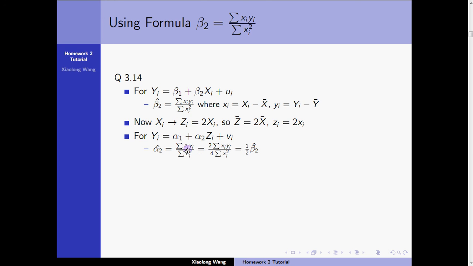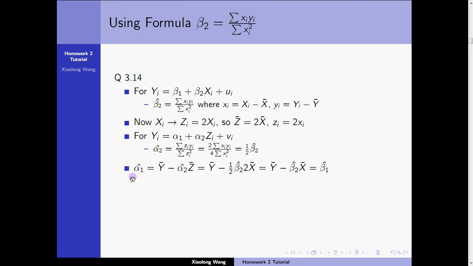And we know that little zi equals twice little xi, so we substitute zi for xi into the formula, and we can move the 2 and then the 4 out of the summation, and then we get alpha 2 hat equals 1/2 of beta 2 hat, because this part is the formula here, and it equals beta 2 hat of the original regression.